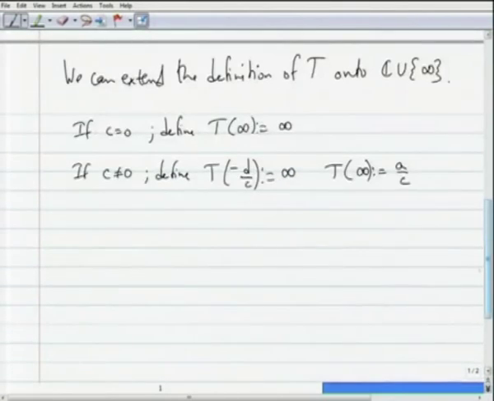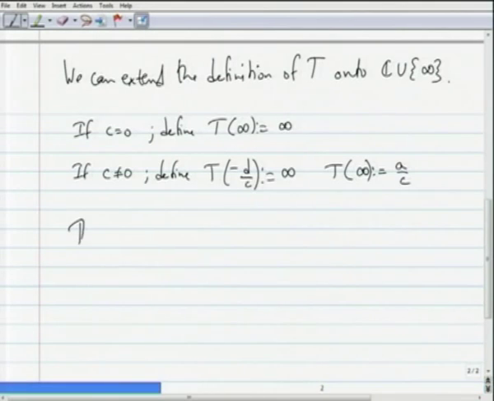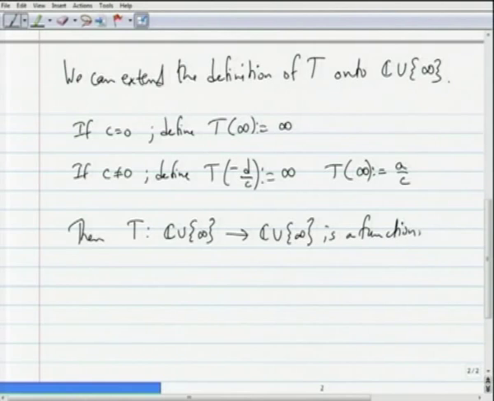With this extension, what we are going to show is that T from C union infinity to C union infinity is a function, and that this is actually a bijection.